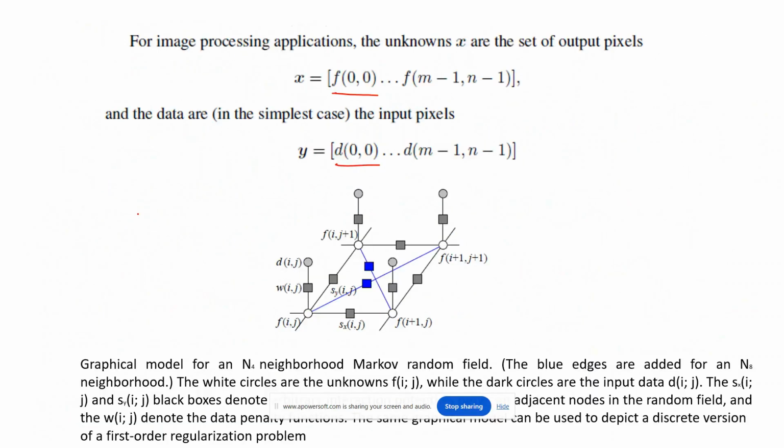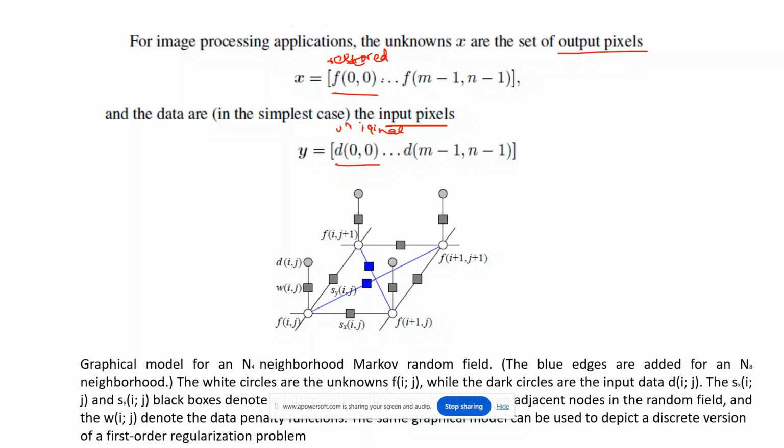Now I'm going to consider the set of input pixels as D, which represents the original, and the set of output pixels F represents the restored one. I can identify the difference between F and D to determine the closeness of the restored image.